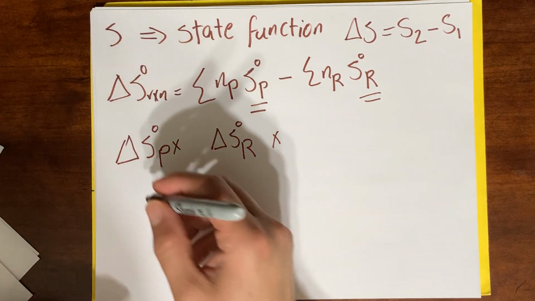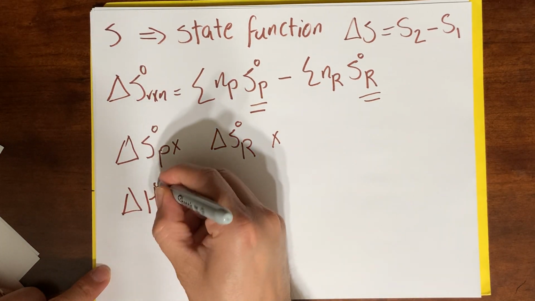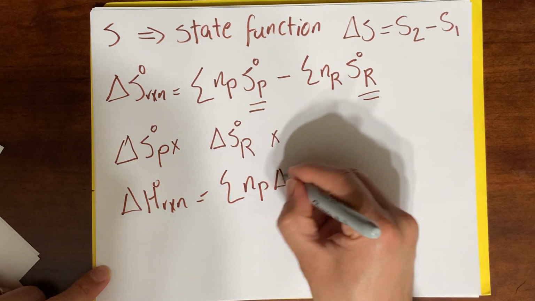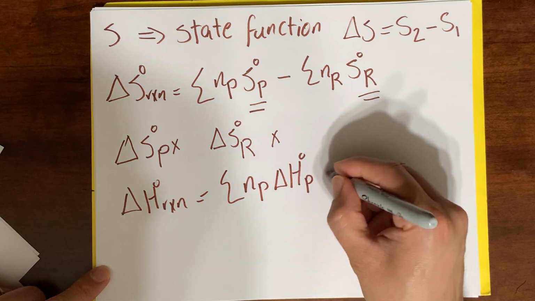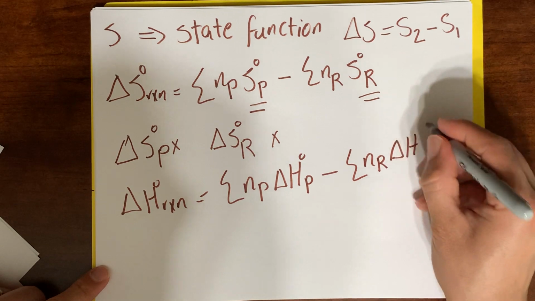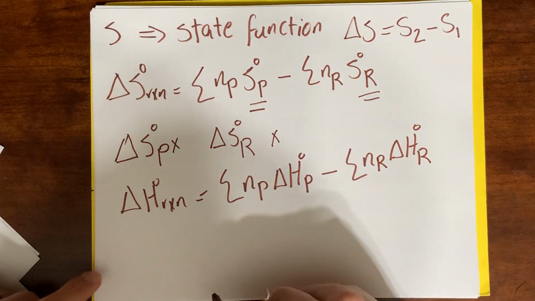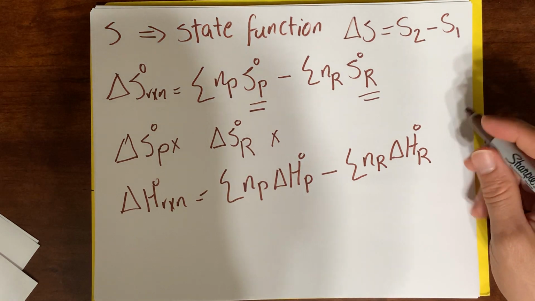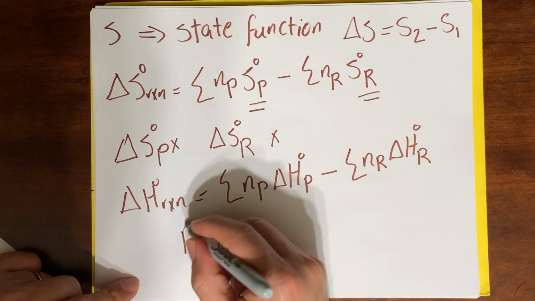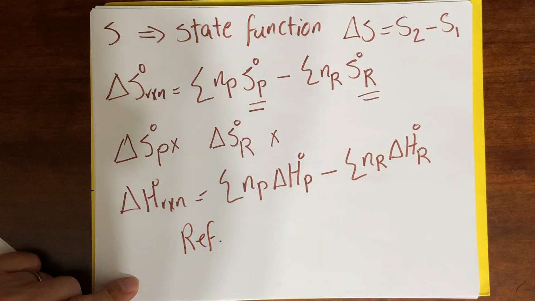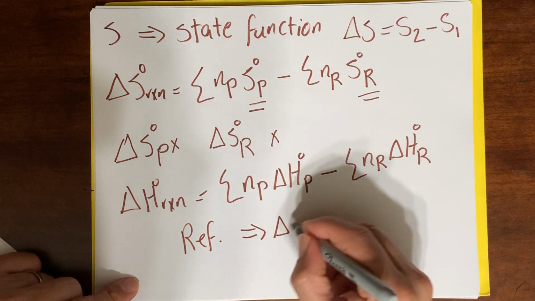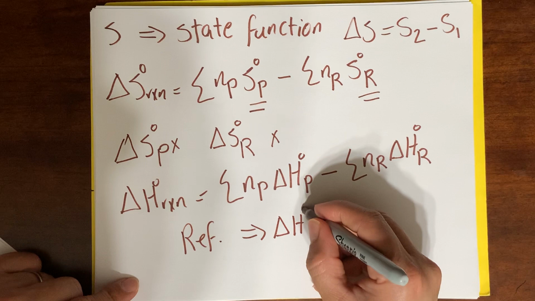For delta H, we said number of moles of product multiplied by delta H of the product, minus number of moles of the reactant multiplied by delta H of reactant under standard condition. When it comes to delta H, we have a reference. We have a base, and that reference has delta H equal to 0.